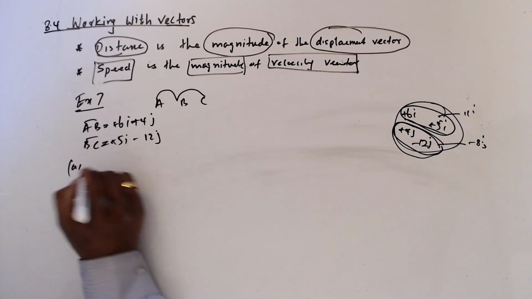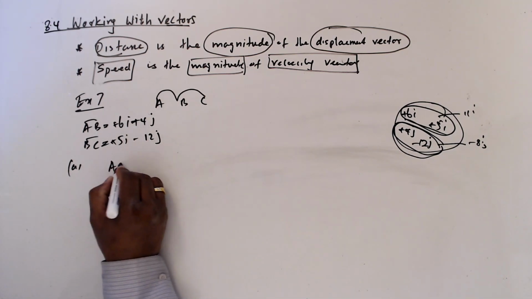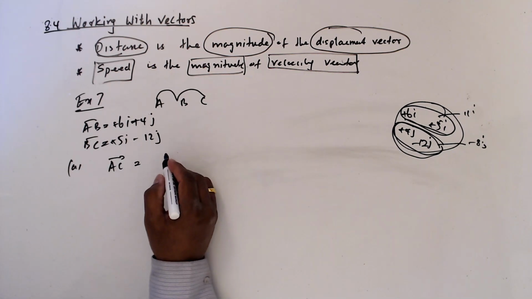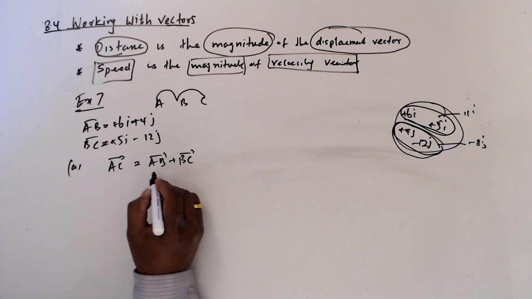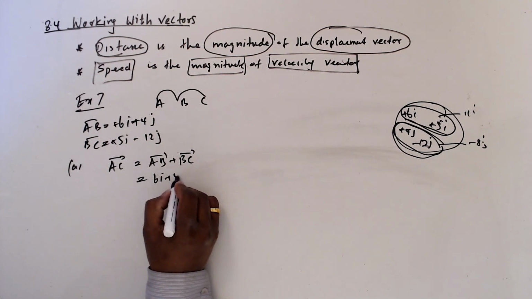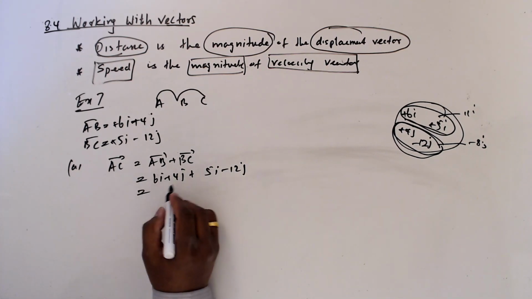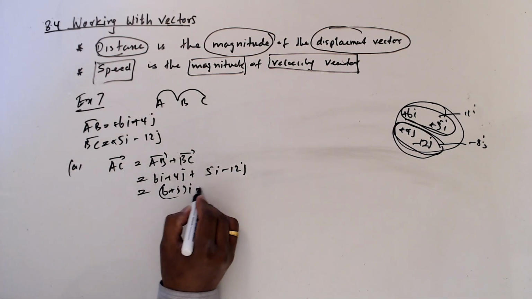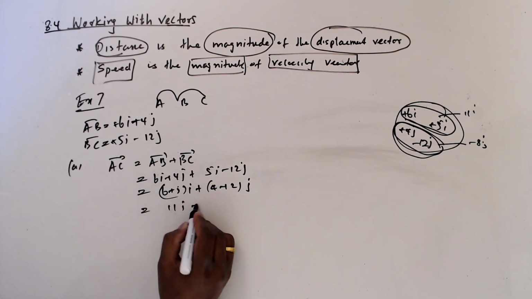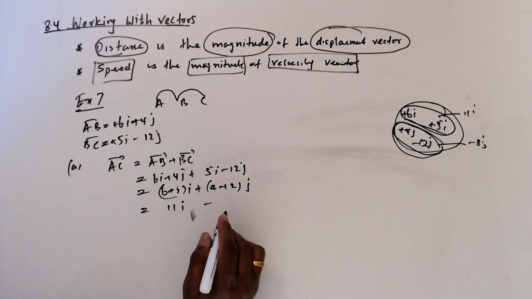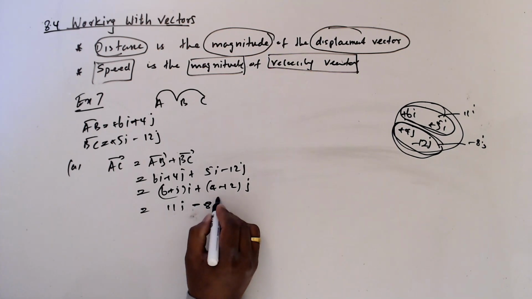Question A, what is the magnitude of the displacement from A to C? So A to C, we use the triangle law: A to B plus B to C. A to B is given as 6i plus 4j and BC is given as 5i minus 12j. Then this is 6 plus 5 i, and 4 minus 12 j. This is 11i minus 8j.